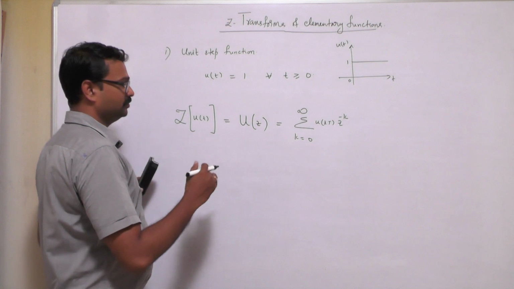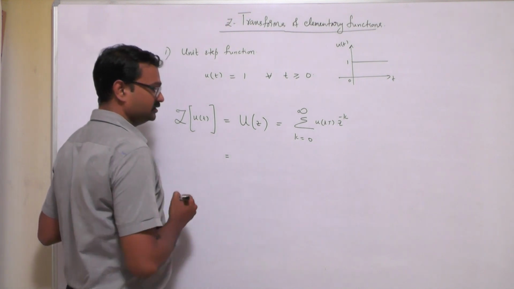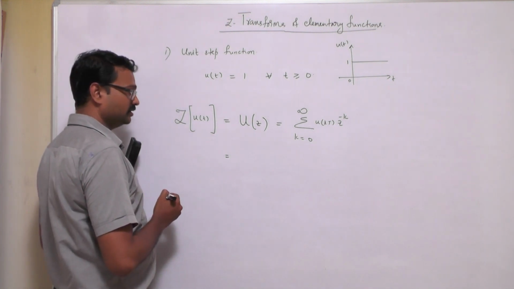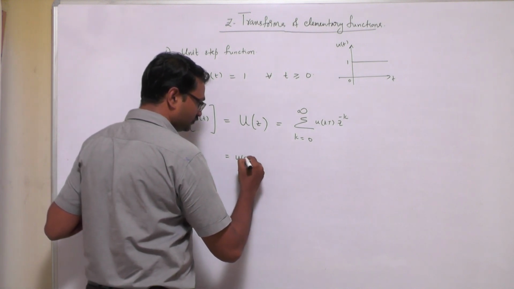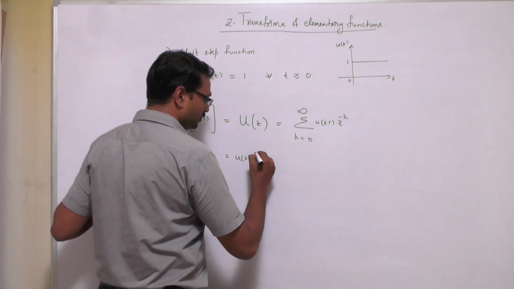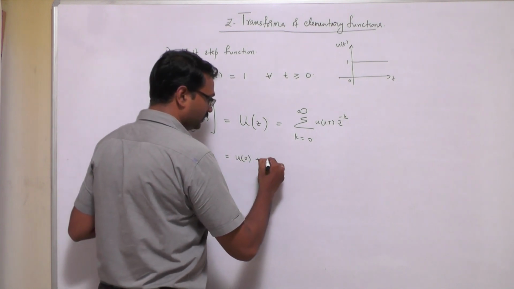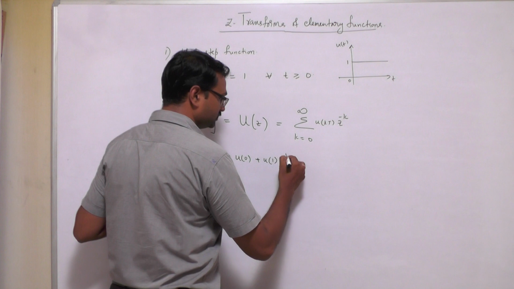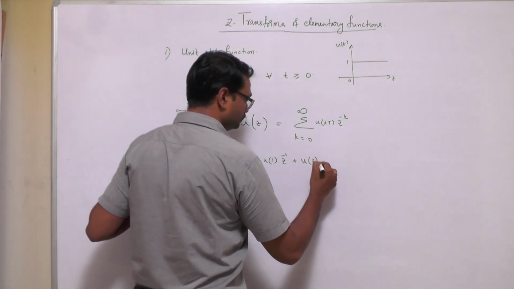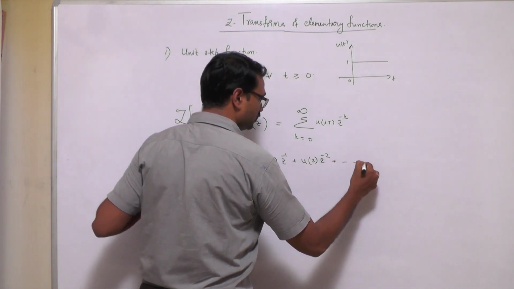Now if I substitute values of k from 0 to infinity, I will have u of 0 z power minus 0, which is 1, and u of 1 z power minus 1, u of 2 z power minus 2, plus so on.